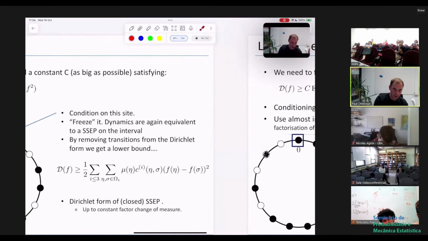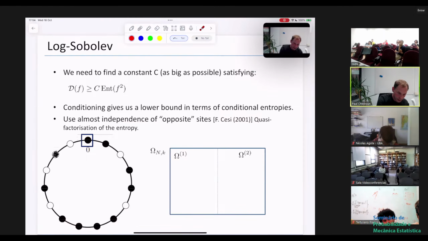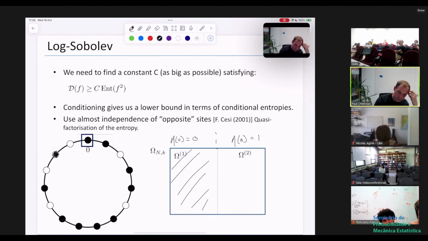So if I condition on eta at 0 being 0 or eta at 0 being 1, then on this subset of the state space, I have good control of the Dirichlet form in terms of the entropy from the log Sobolev constant of the simple symmetric exclusion process.